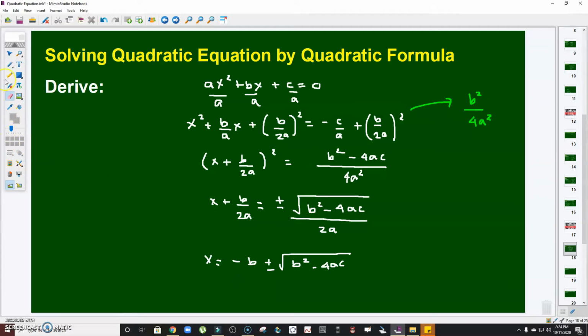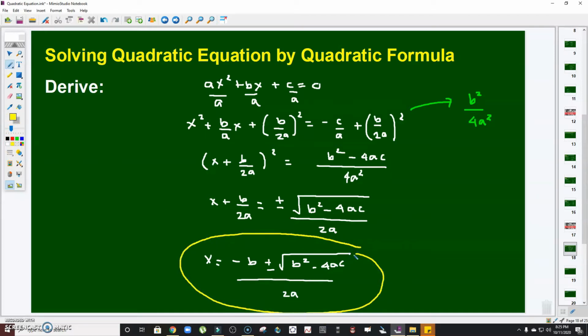Then write it as negative b plus or minus the square root of b squared minus 4ac, all over 2a. There you go. Once again, this is the quadratic formula. You can apply this to any quadratic equation.